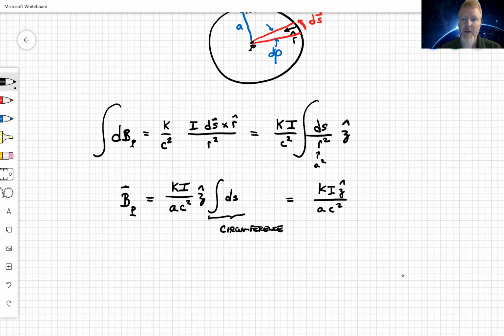Oh, I forgot a squared in there, didn't I? a squared c squared. Okay, good. And then this is going to be times 2 pi a. Oh, well, now it's back to just being a again.